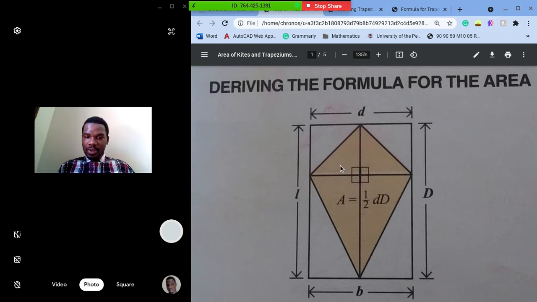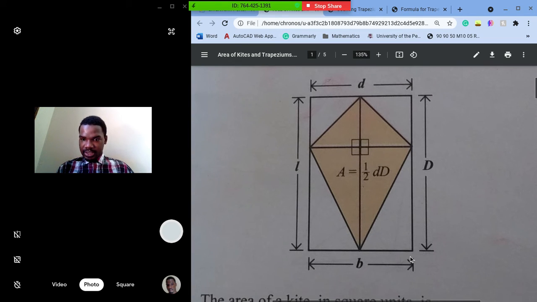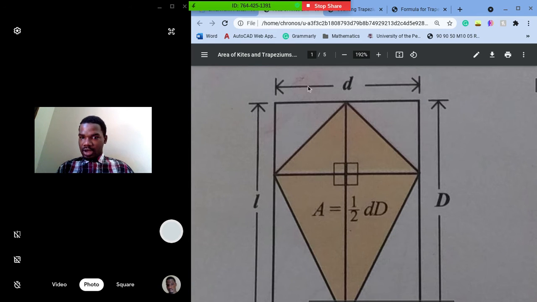We call this distance across small d, as you can see. The height is called capital D, also called the common D across.